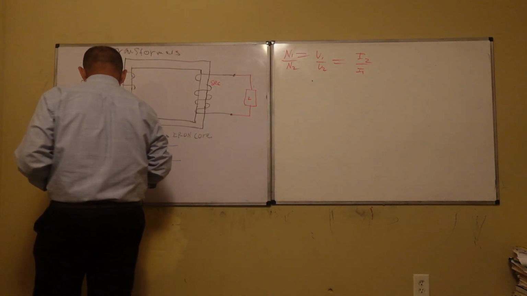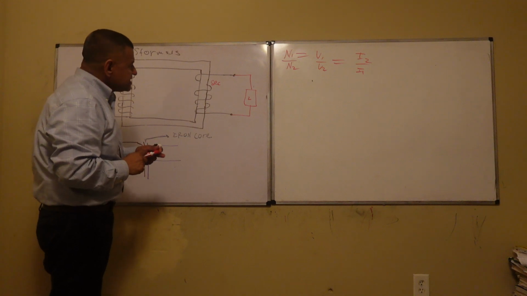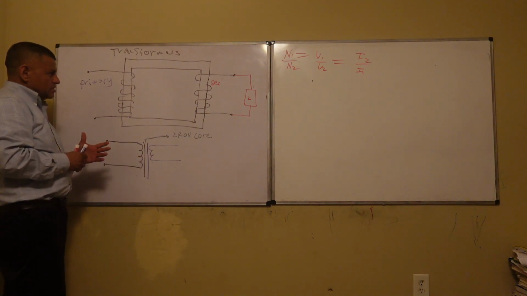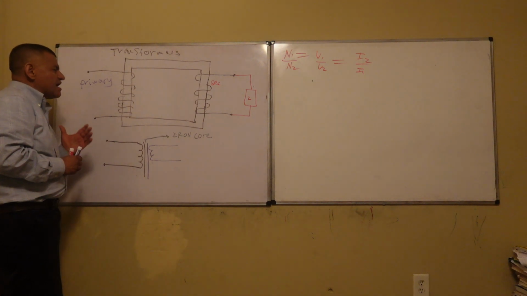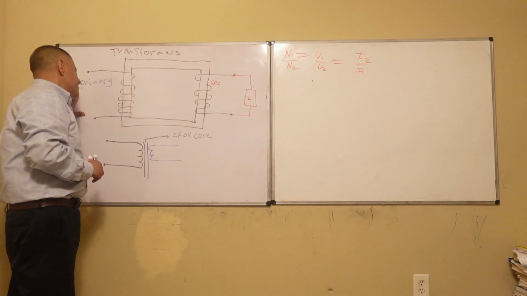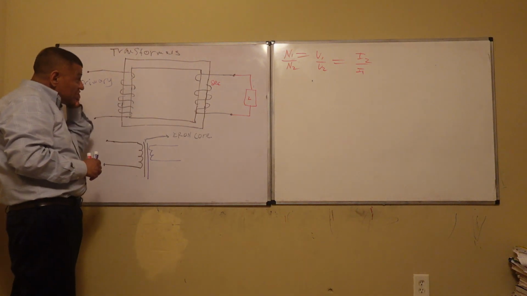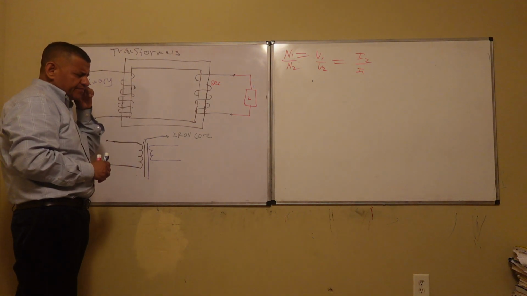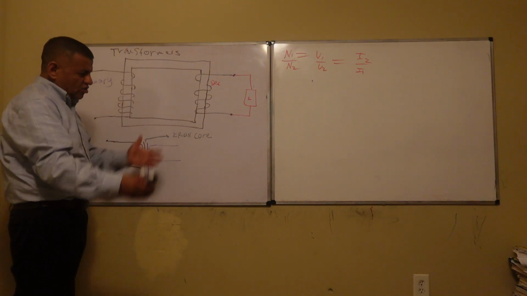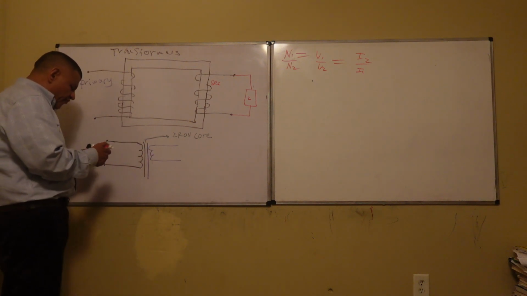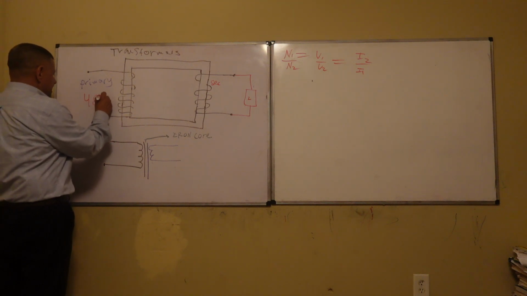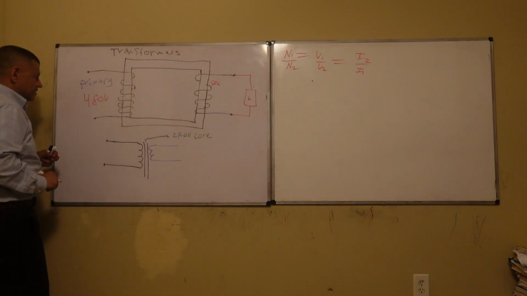Now, let's say, for example, that you have an electrical panel, right? And you have a bunch of AC units, a bunch of mechanical units that take 480 volts, right?